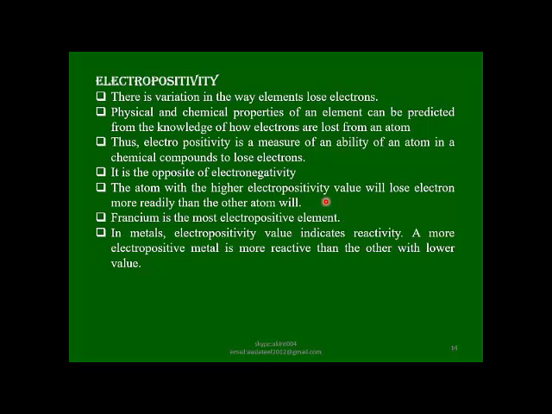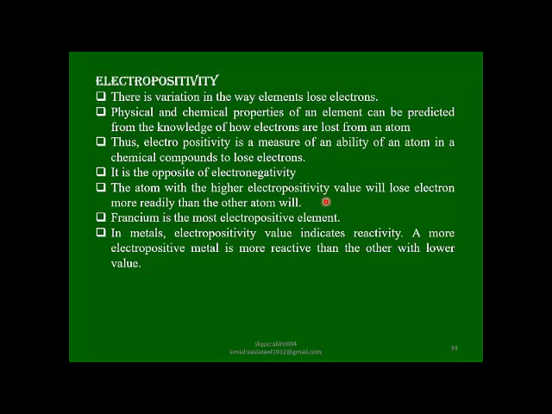Yes. Francium is the most electropositive element. So the last element in group 1 is the most electropositive, like we have the first element in group 7, fluorine, as the most electronegative. So we have the last element in group 1 as the most electropositive, because it loses electrons.